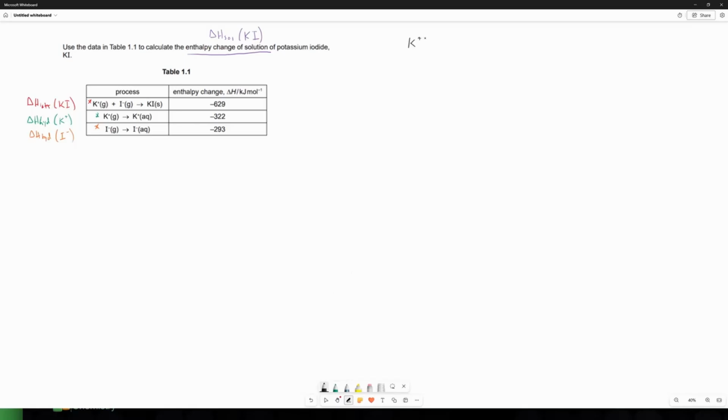So we're going to start with K plus gas plus I minus gas. And that's going to create, and we're going to put it in red to use the same colors, the solid ionic compound. So KI solid. So this right here, the ions in the gas state creating the solid ionic compound, is going to be the enthalpy change lattice, the lattice energy of the compound KI.